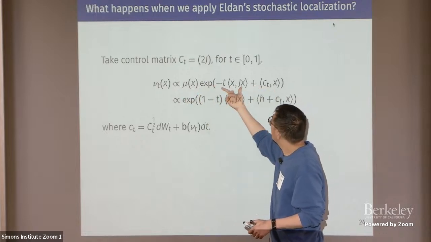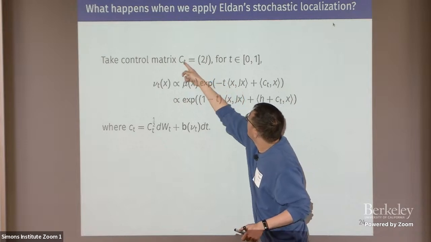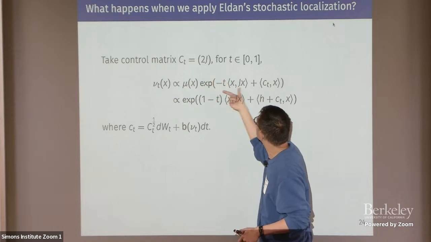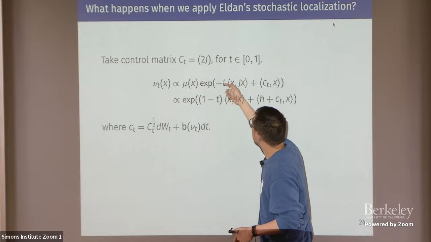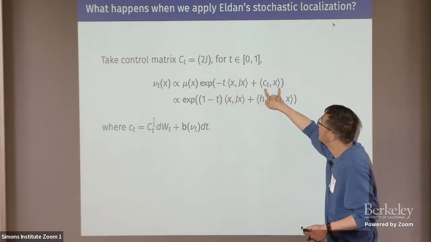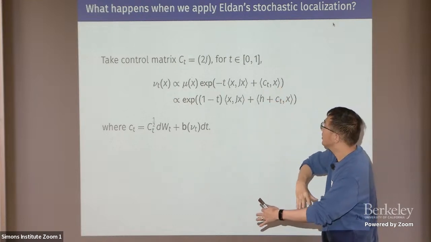The Gaussian part, now I choose it to have the quadratic part that is 2 times J over 2, so then it's just this. Linearly, it accumulates at time t, and t times J is the quadratic part. And then you have some random linear part that decides where your measure is concentrated, right?